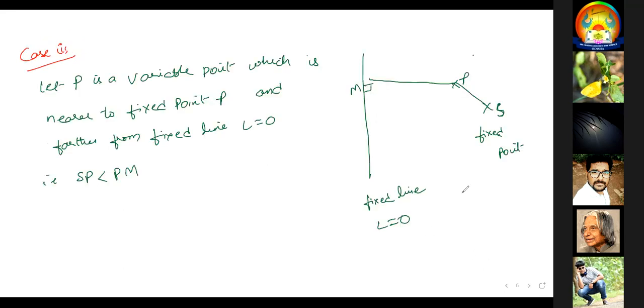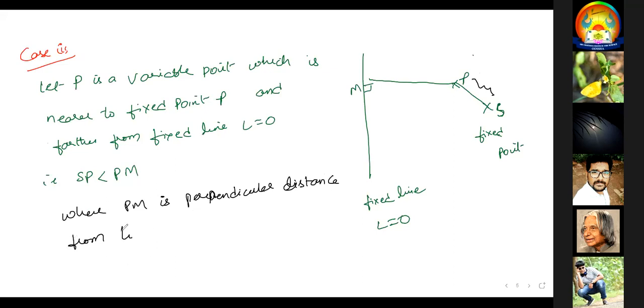So here also, this distance is SP. And what is PM? PM is the perpendicular distance from P to the line L equal to 0.